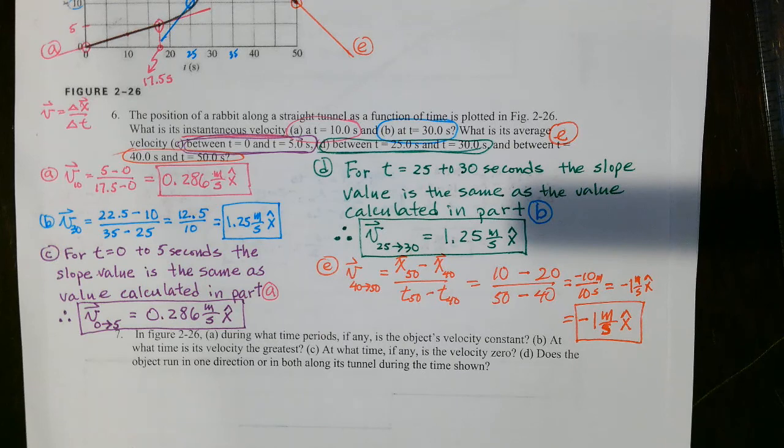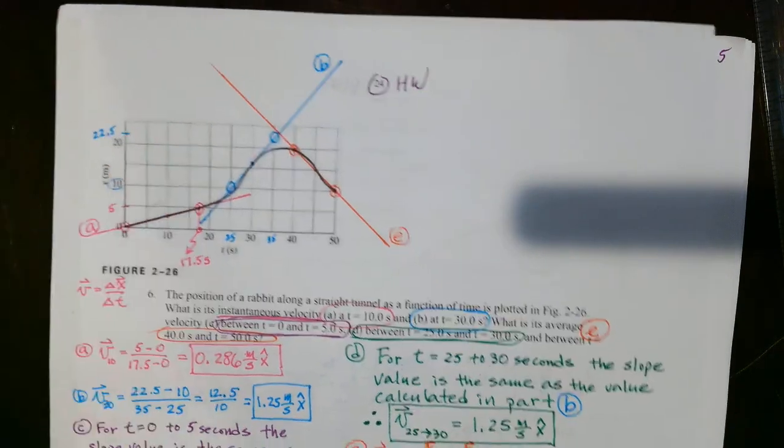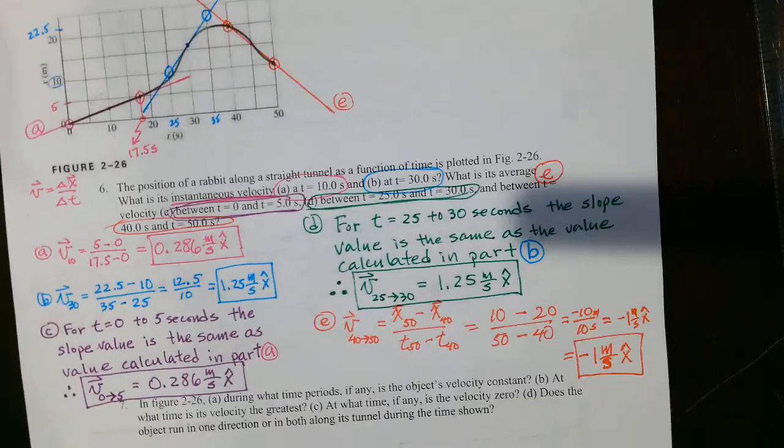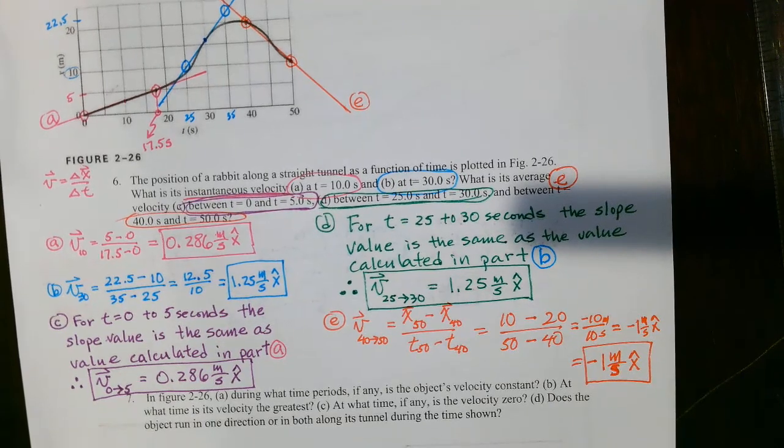All right, last section right here. Number 7. In figure 2-26, which is the exact same figure that we used in the previous problem, part A: during what time periods, if any, is the object's velocity constant?